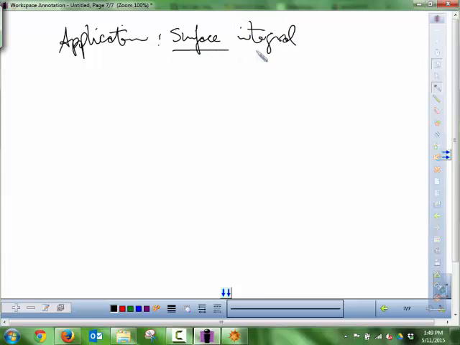So an application of a surface integral would be: let rho, we use rho for density, right, or delta? Rho equals, let's try to keep it simple, k times z.